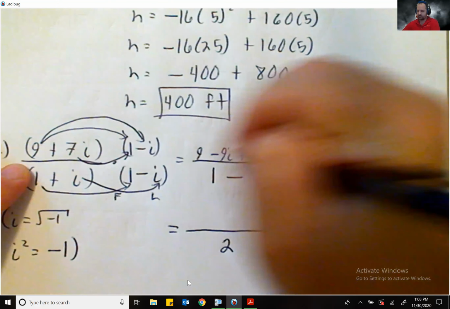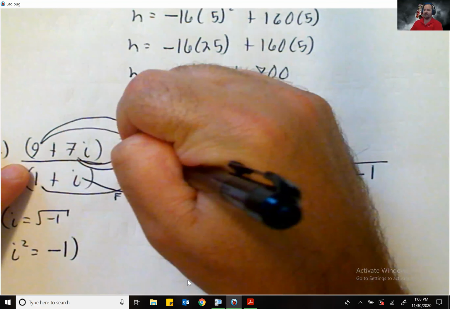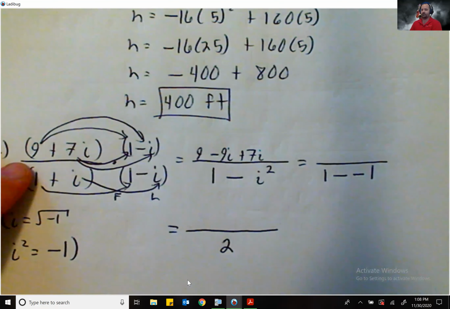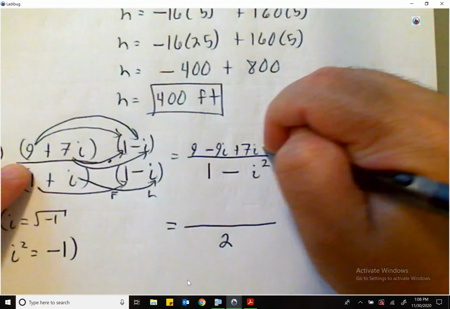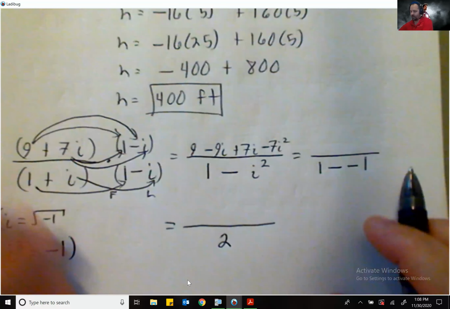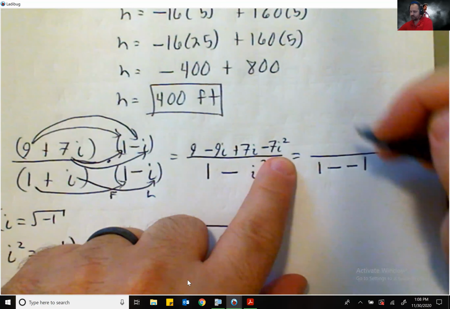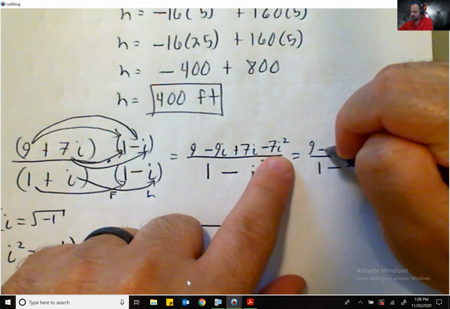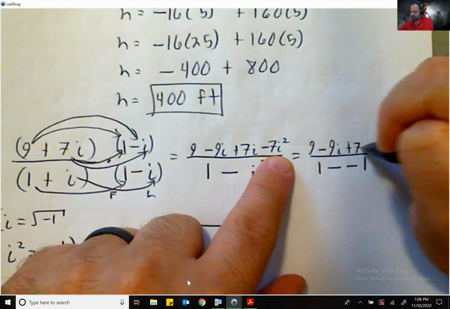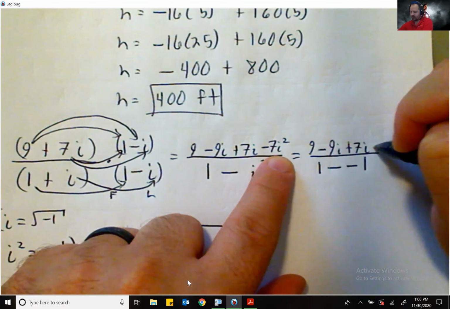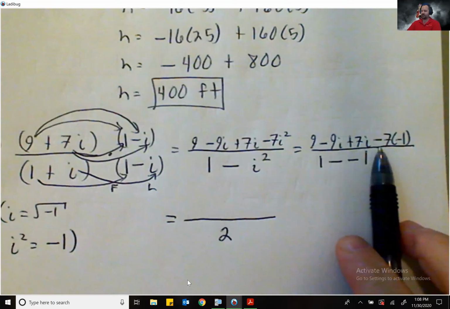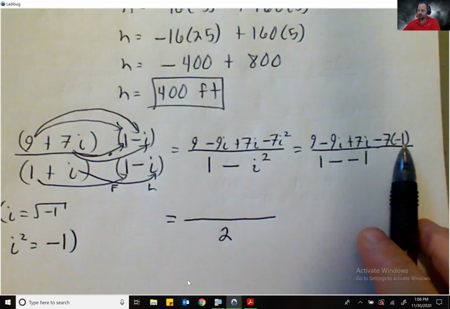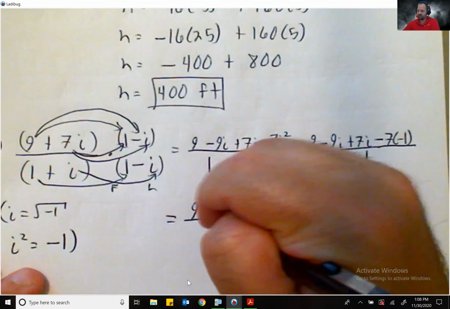And last but not least, what is 7i times negative i? Negative 7i squared. Yay. And then again, we already know that i squared is really just a negative 1 in disguise. So negative 7 times a negative 1 is a positive 7.